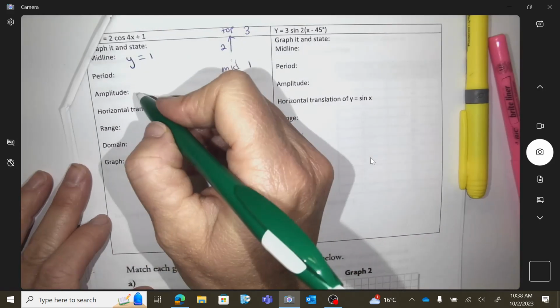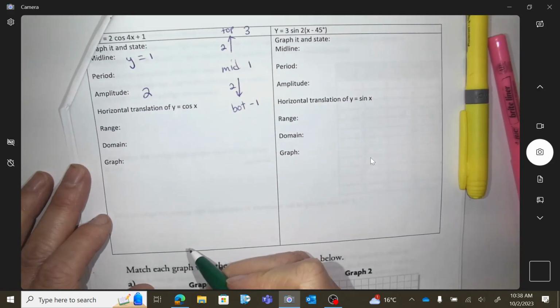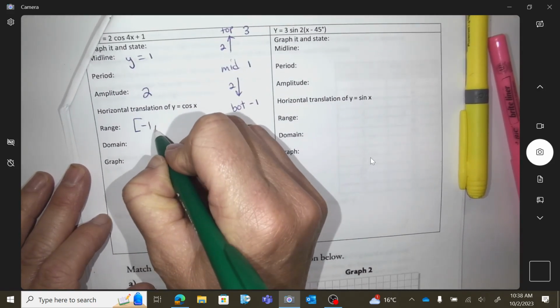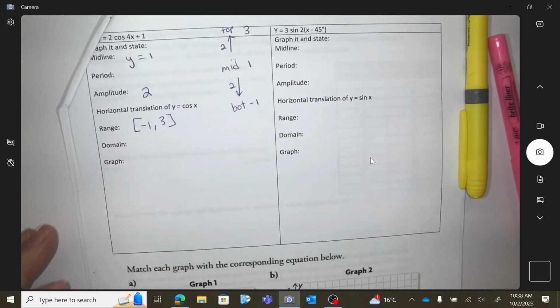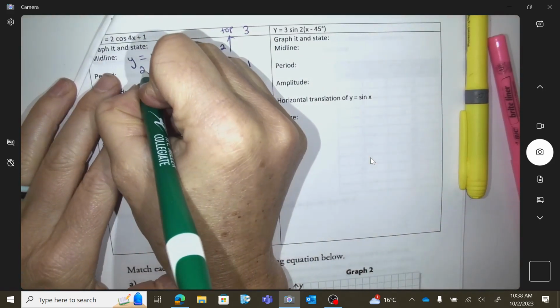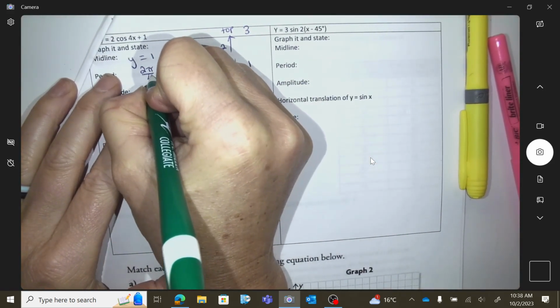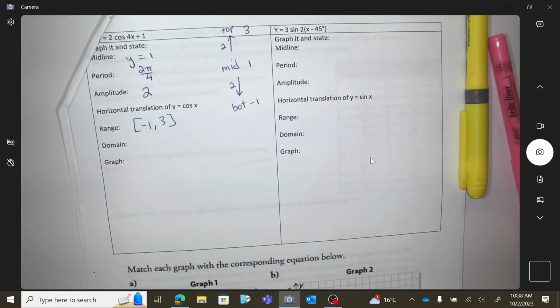So now I can answer amplitude and I can answer range. And then the period is 2 pi over b, which is a 4 on that equation. There's a 4 in the b spot.